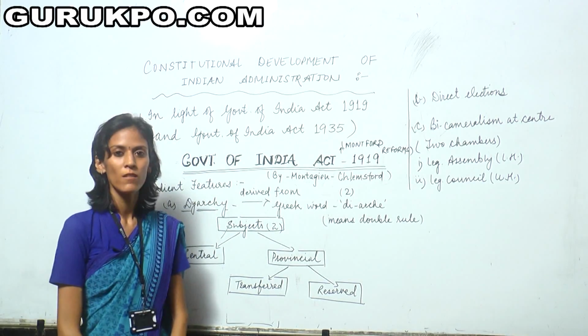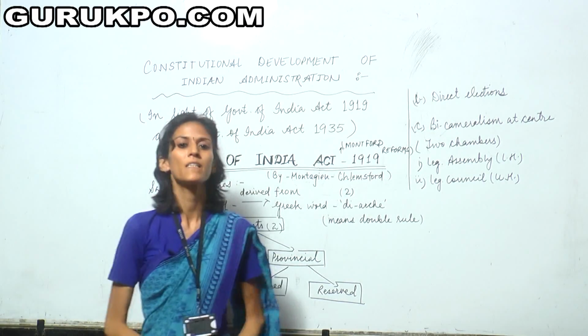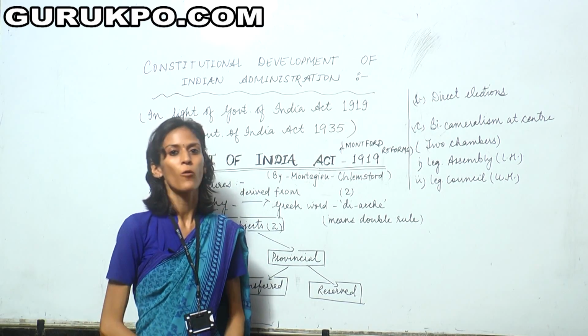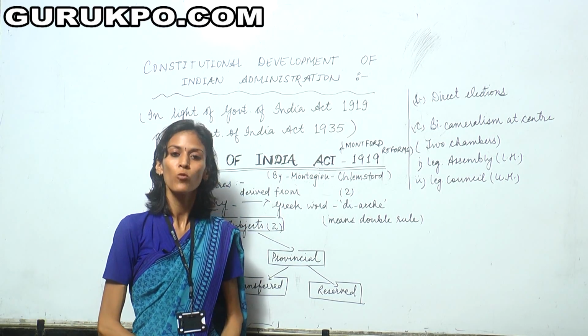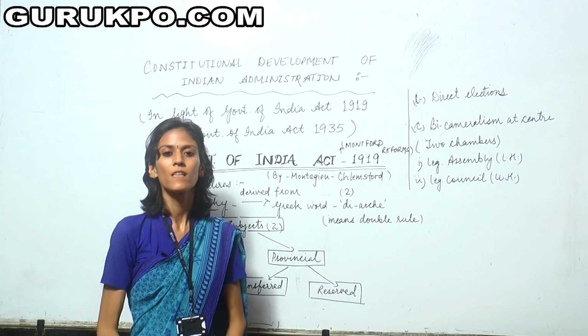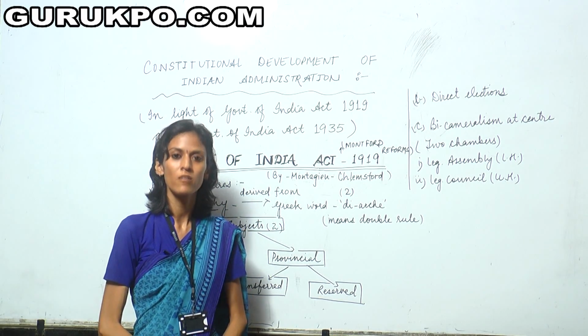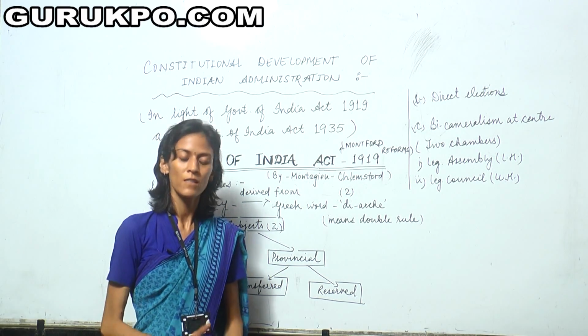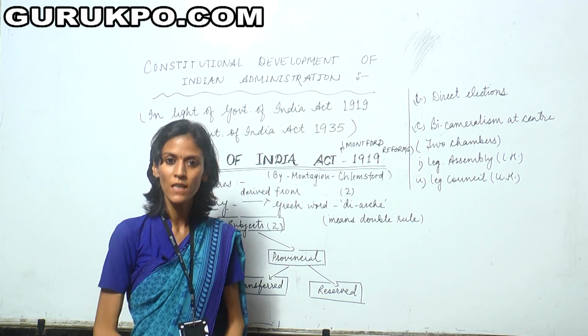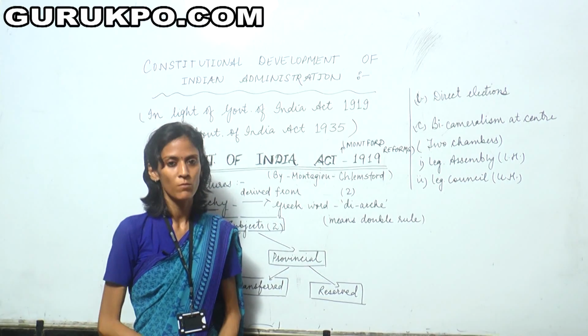So first of all, let us understand what were the basic features found in the rule of the British Empire, as well as the features which have been carried as a legacy or a part of the Indian administration.